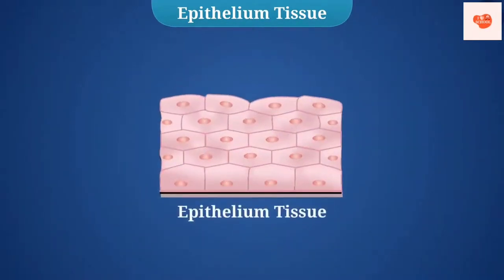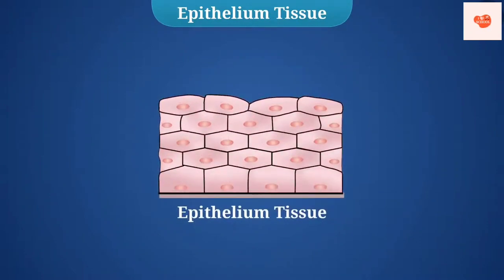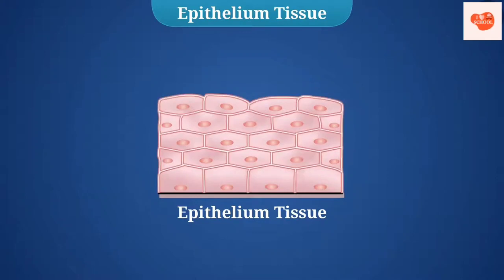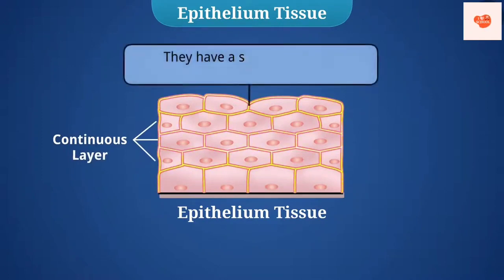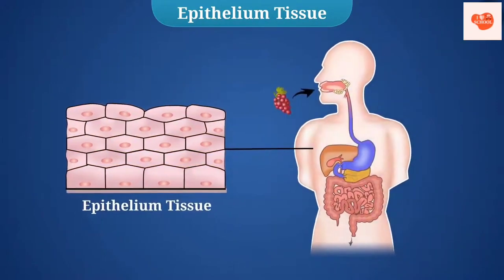The cells of epithelium tissue are tightly packed and have very little intercellular space. Therefore, this tissue forms a continuous layer. They have a small amount of cementing material between them. Substances that enter and leave the body pass through the layers of epithelium.